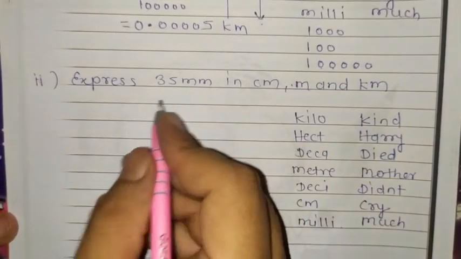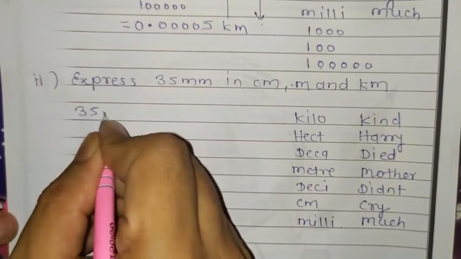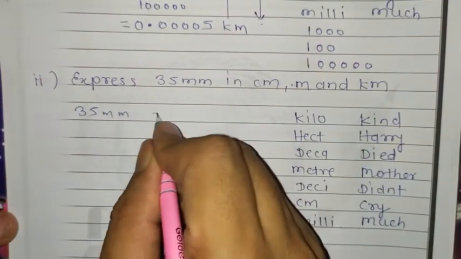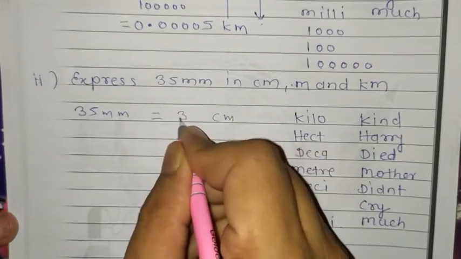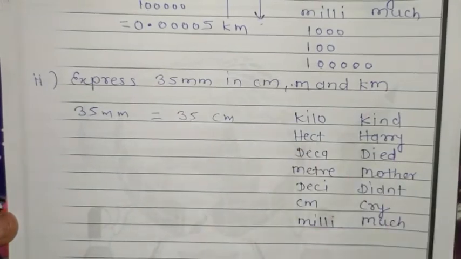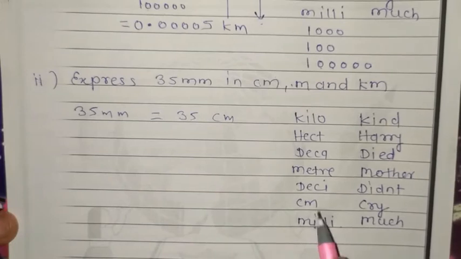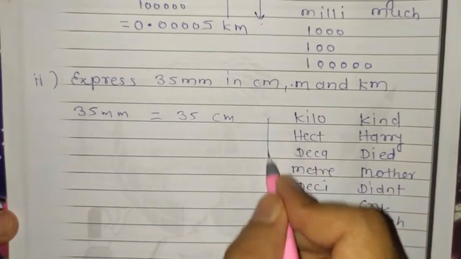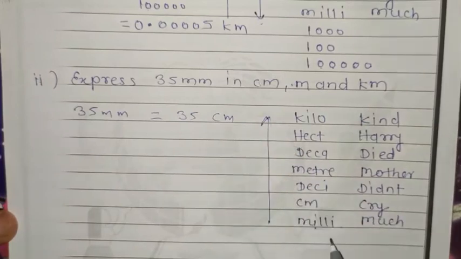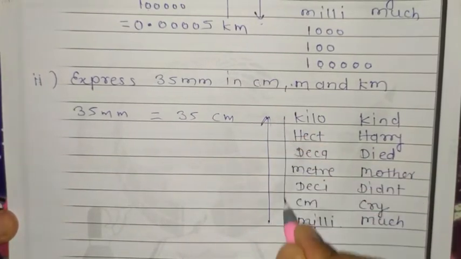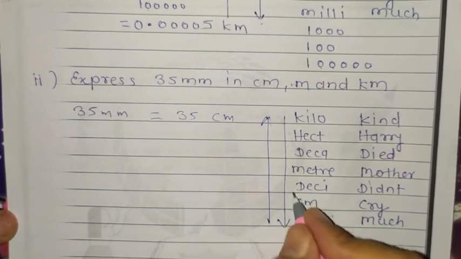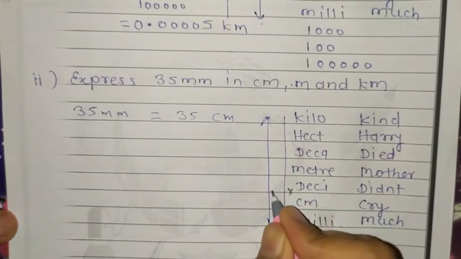And here we are going from 35 mm and our unit is centimeter. So write 35 as it is. So here we are going from mm to centimeter. Here it is mm and here it is centimeter. So we are going again upward direction. There is two direction, downward means multiplication, upward means division.